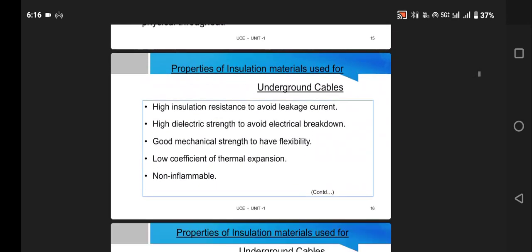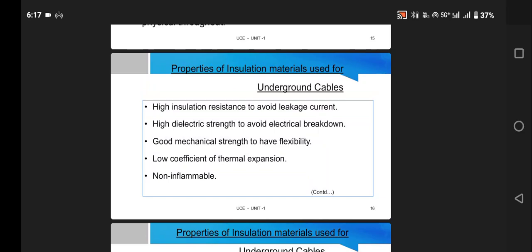Every underground cable uses some insulation materials. The properties of insulation materials are: high insulation resistance to avoid leakage current, and high electric strength to avoid electrical breakdown. The insulation materials should have good mechanical strength and flexibility, and a low coefficient of thermal expansion.